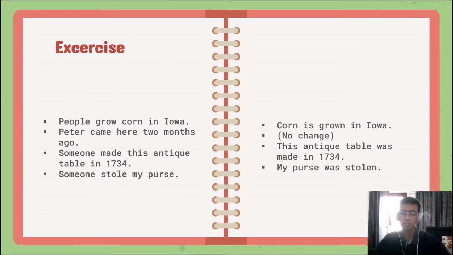And the third one becomes "This antique table was made in 1734." But regarding who actually made the antique table, we don't know. And the last one, "Someone stole my purse," becomes in passive voice "My purse was stolen."